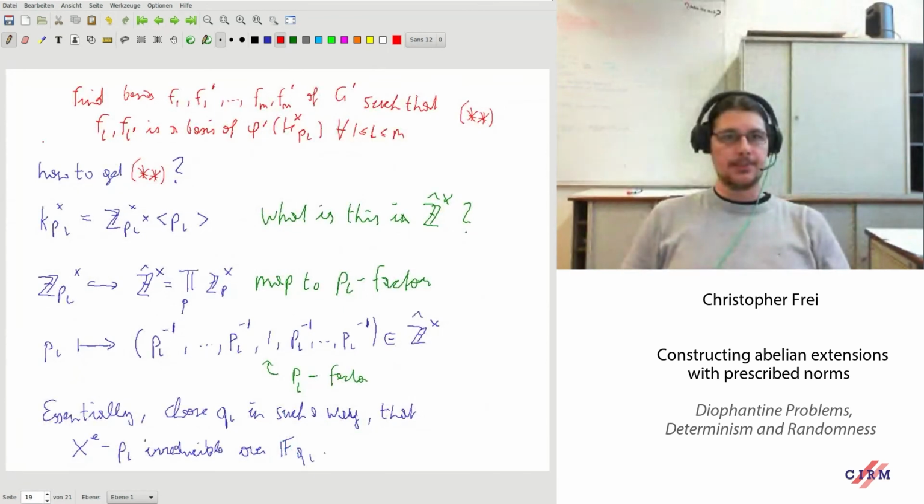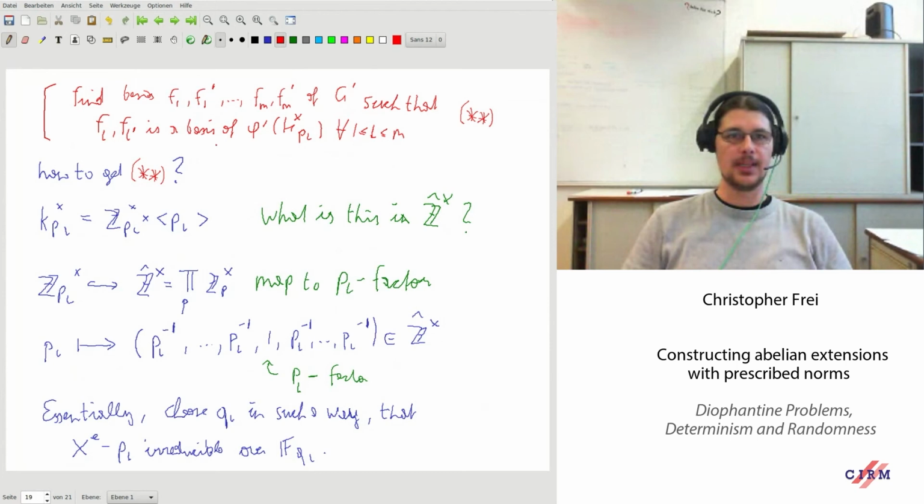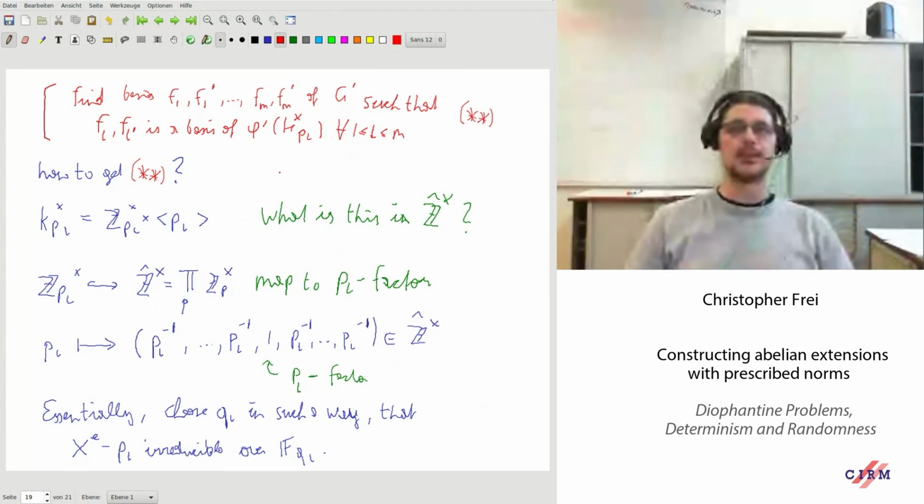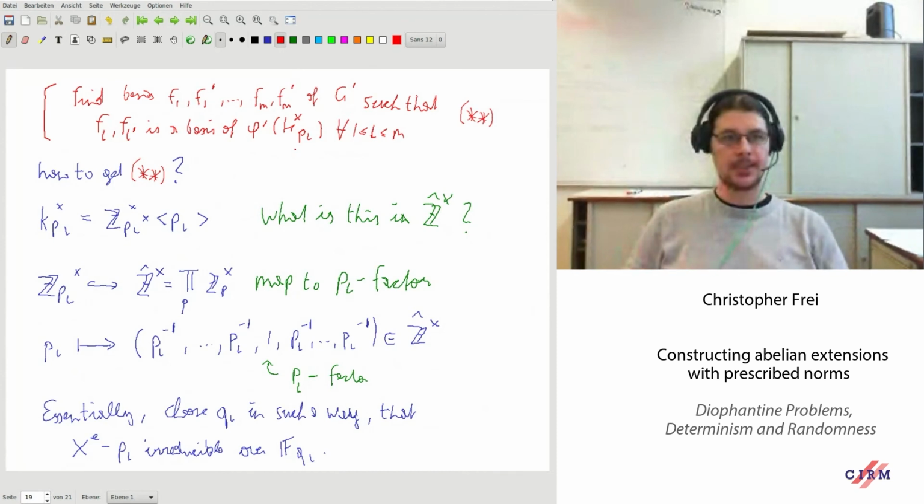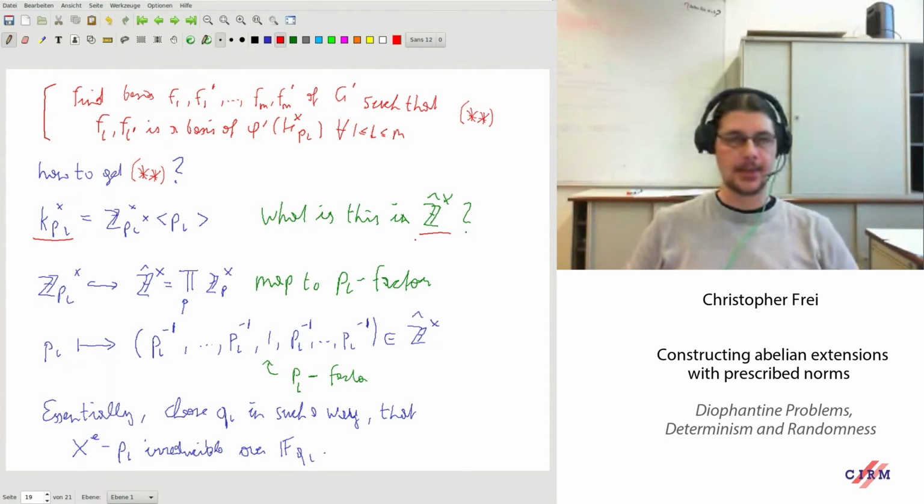I had this assumption earlier that we are able to find a basis F1, F1 prime up to Fm, Fm prime of G prime, such that each FL, FL prime is a basis of this phi prime of KPL star. So now I should justify how we can achieve this. And to do so, we first need to see how we can identify this local field, KPL star, inside of our domain Z hat star.